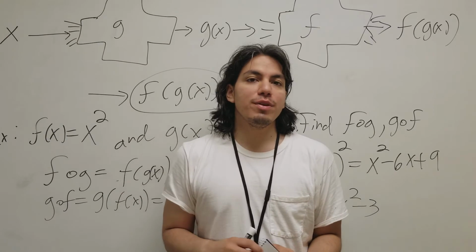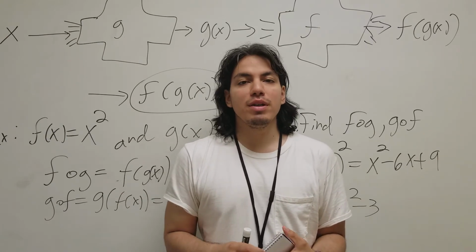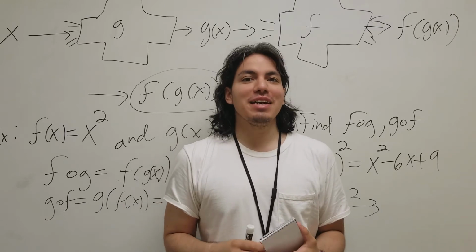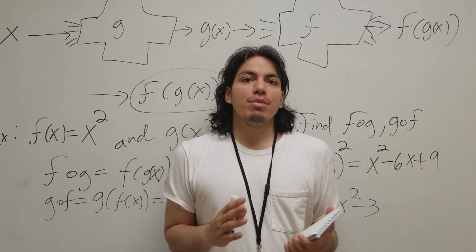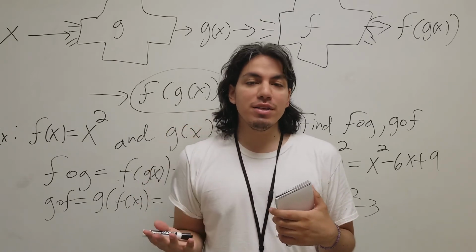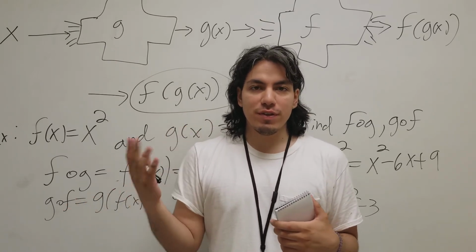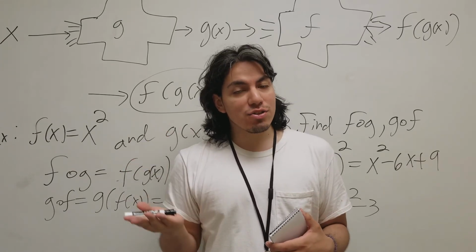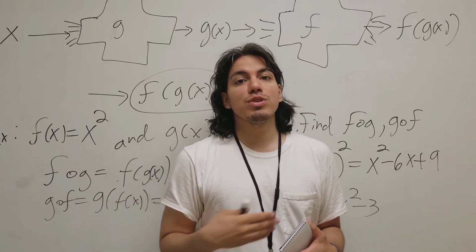I actually enjoy them, though there can be some crazy ones that I don't like. But that's the idea. You want to get used to combining these functions with the traditional operations of addition, subtraction, multiplication, and division, but you've added this extra element of composition of functions, which gives you something new.